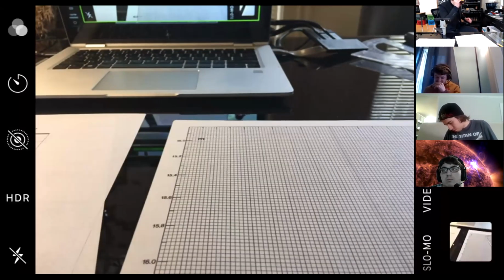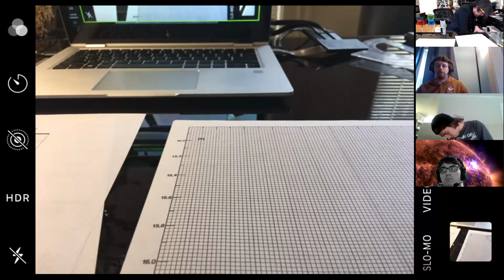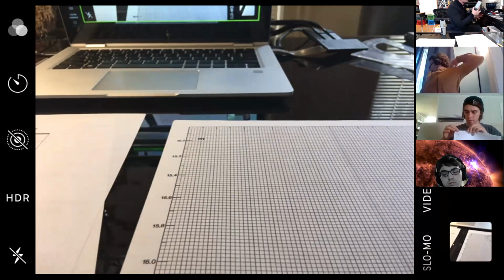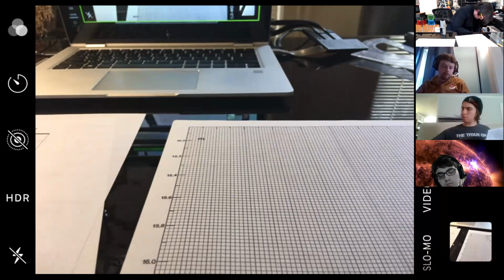Hold on, guys. I need to get an optical holder here. This thing doesn't tip over. This is what I need.